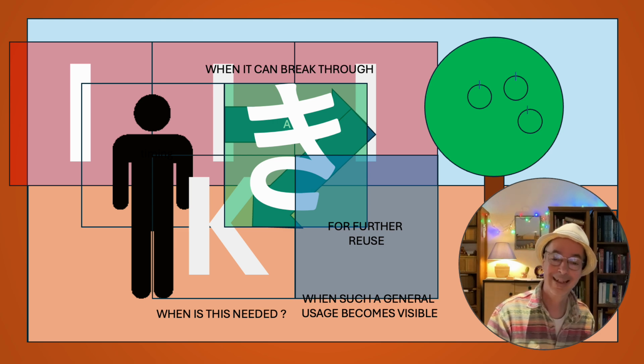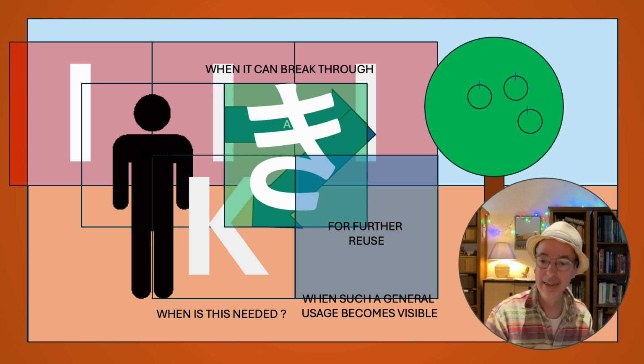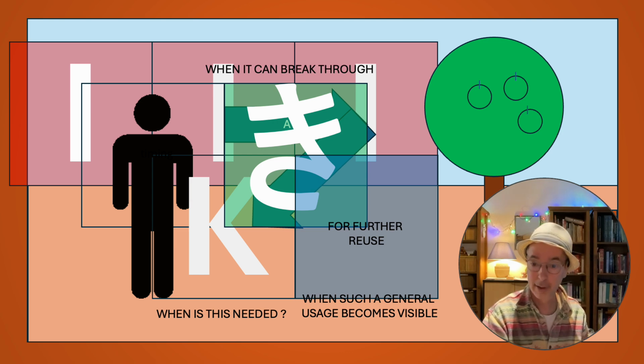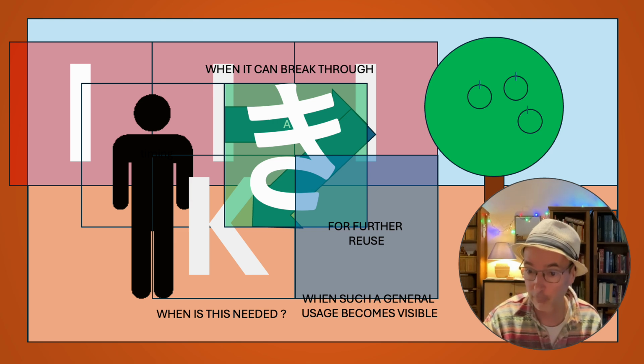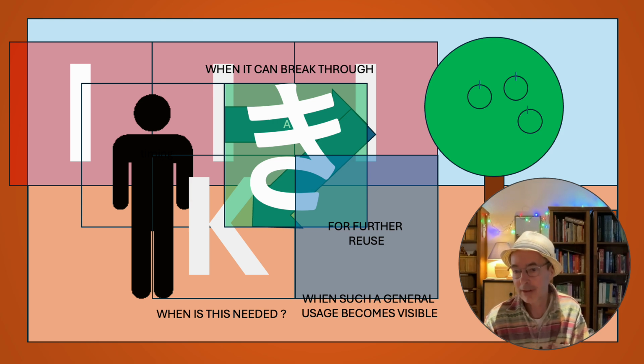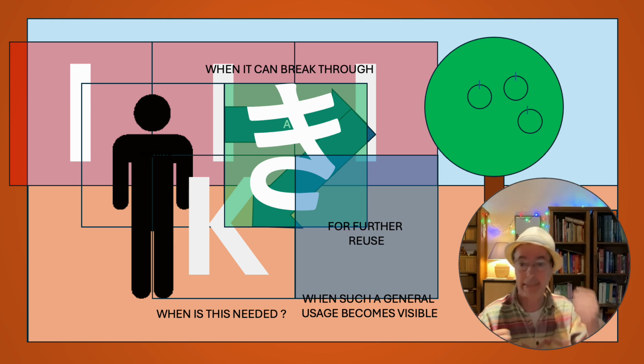And so Ki is actually saying the I, the new idea, can break through, can be used, and can also be reused and used for further use. Then it is useful. So when do I need this new idea? When there is a new idea that can be reused, not just now because I have an idea.